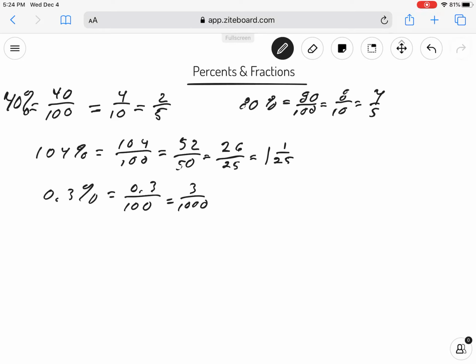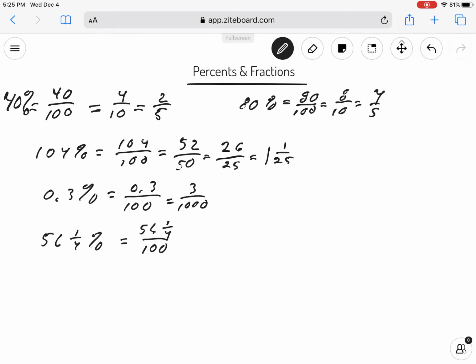Even a little bit more confusing would be if I have 56 and 1/4%. Okay. So this one, I want to convert 56 and 1/4. I can still write that over 100, but I want to go ahead and take that 56 and 1/4 and convert that into an improper fraction.